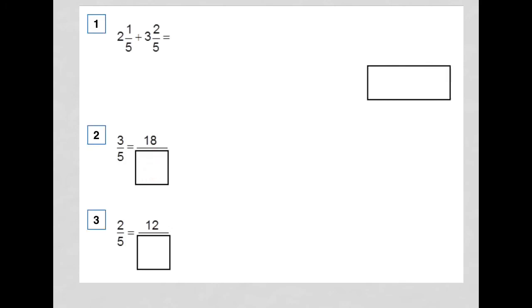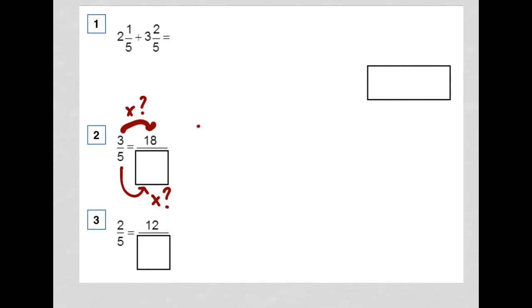Well, you know that 3 times something is 18. So once you've figured out what that is, you times 5 by the same something, and that will give you the denominator.